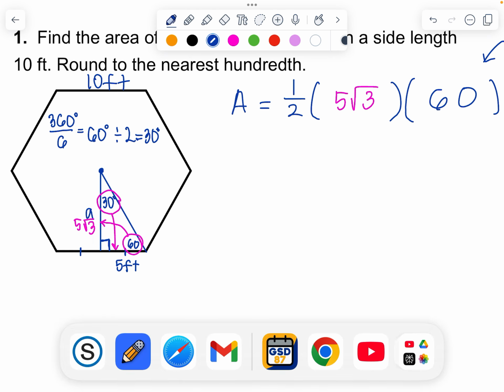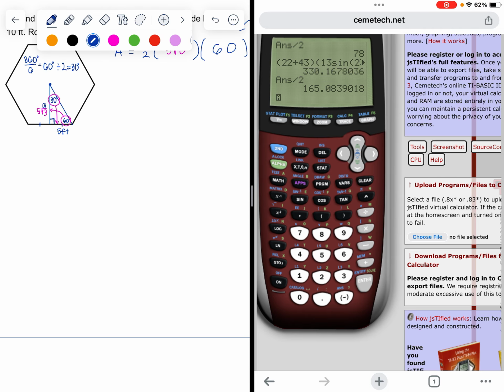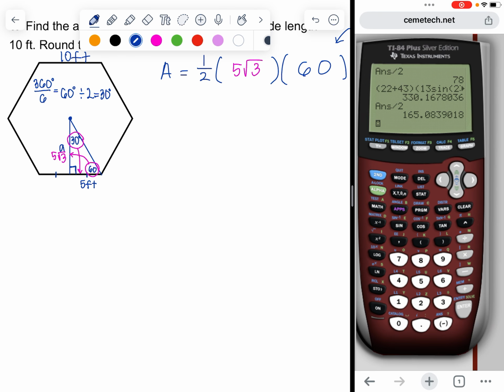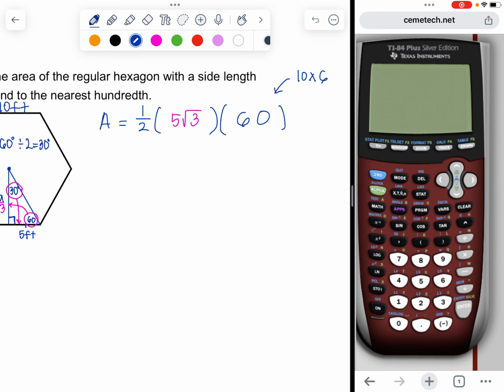So now I'm going to put this in my calculator so that I can find the area of this hexagon. All right, get my calculator up and running. Move this off to the side here. Hit clear. Okay, so I like to type this in first. So I'm going to do 5√3, and I could have put that in parentheses, but I'm just going to put the 60 in parentheses.